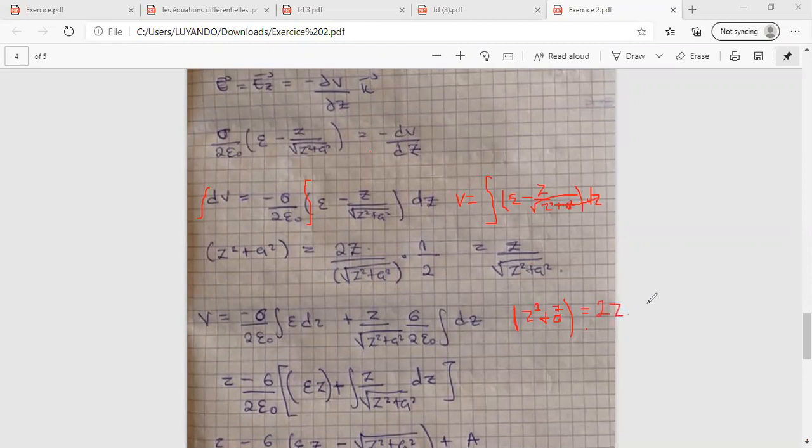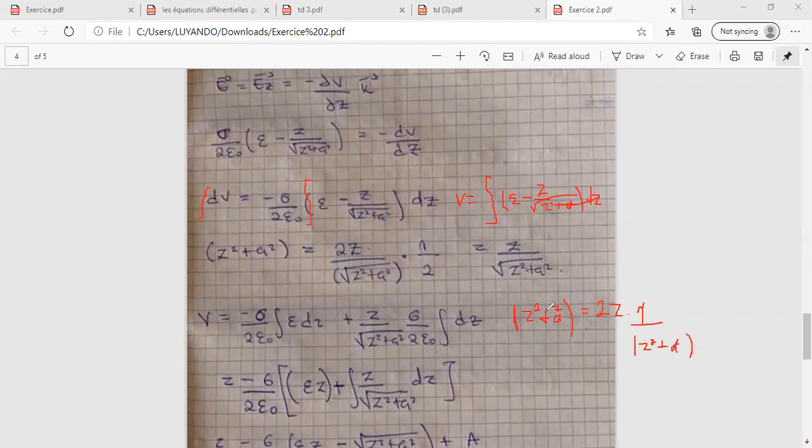times what I have, 2z times 1 over my expression, which is z squared plus a squared, which is what I have here.